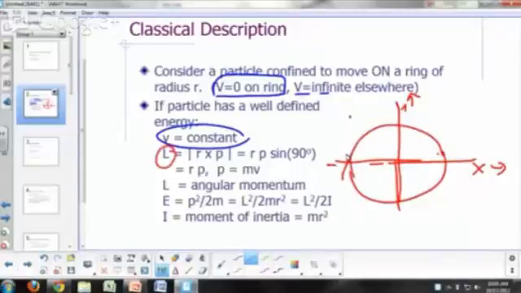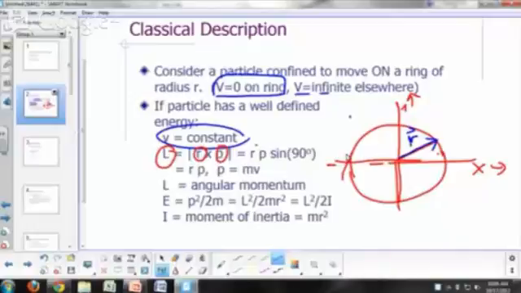Angular momentum L is defined as the cross product of the radius vector and the momentum vector. What's the radius vector or the displacement vector? That's just the vector that locates the particle right there. So that's vector r. Okay, so we put an arrow above the r.